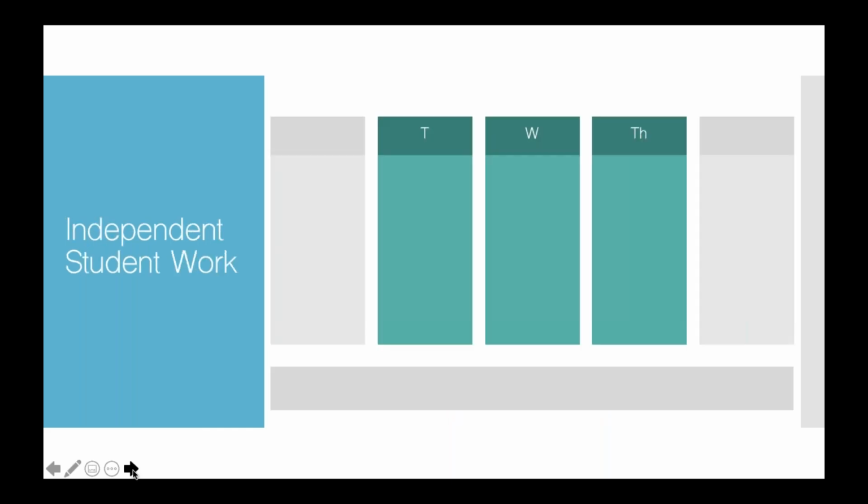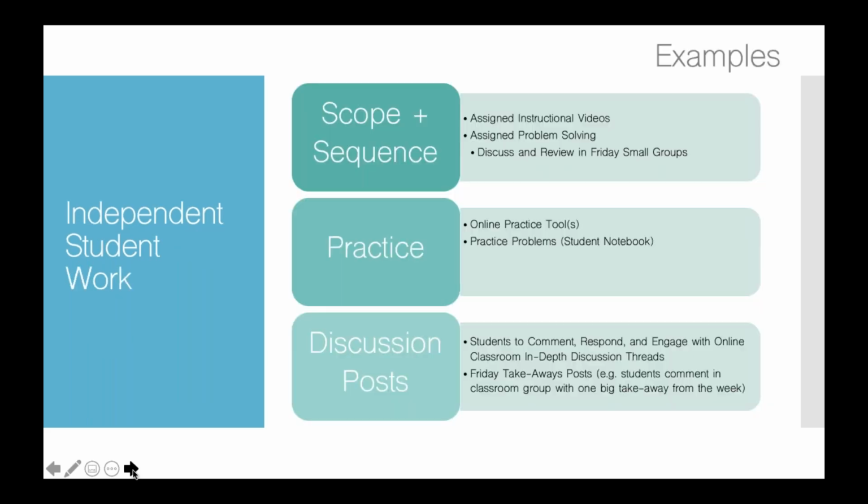And then that independent student work that we've talked about. So the work that you might have assigned to students on Monday that they're going to be working on independently Tuesday, Wednesday, and Thursday. So what does that look like? Really, if it's work related to the scope and sequence weekly lesson module that you have set forth, maybe you've assigned some additional instructional videos for them to watch on that topic or on that standard, maybe a Khan Academy video, maybe a LearnZillion video.